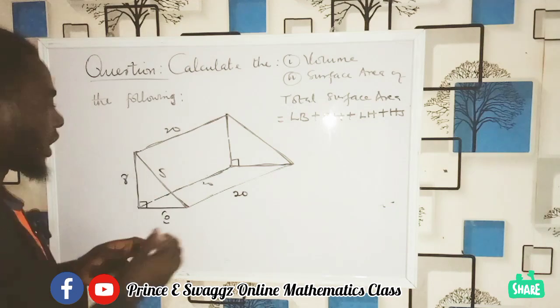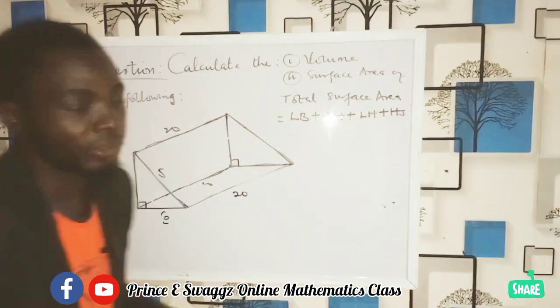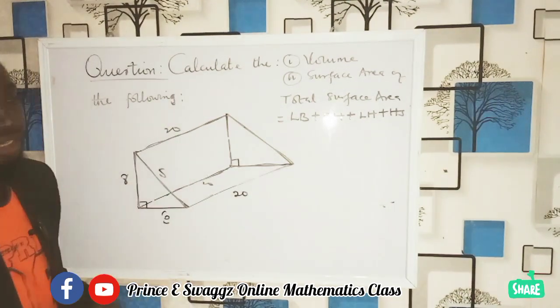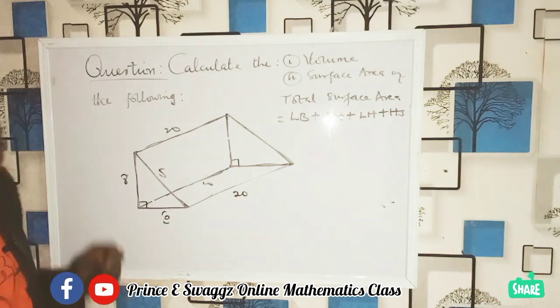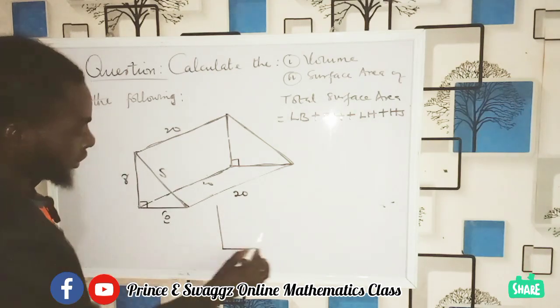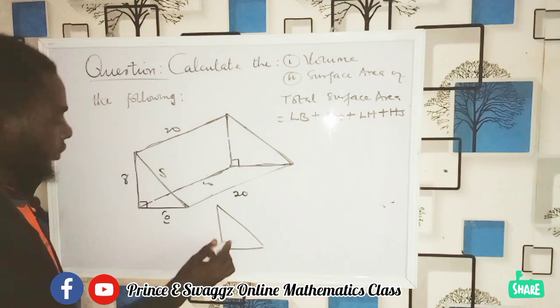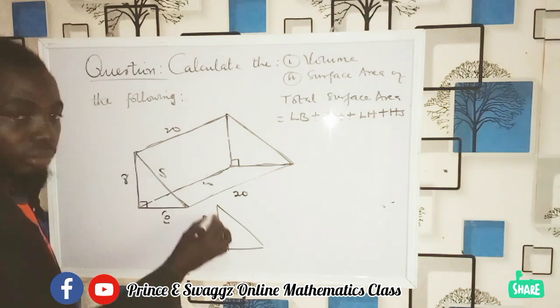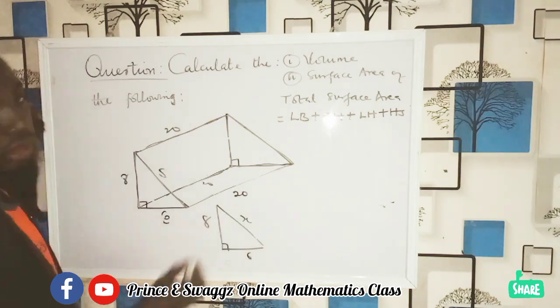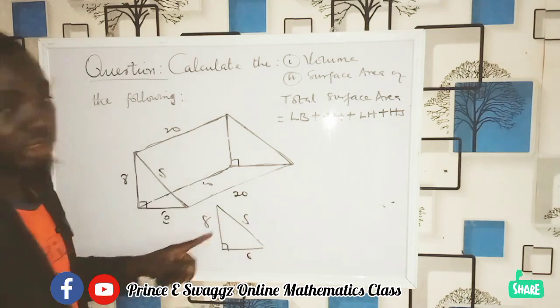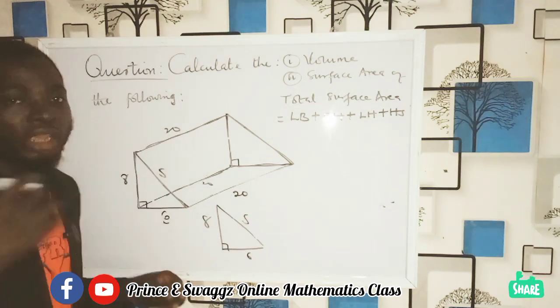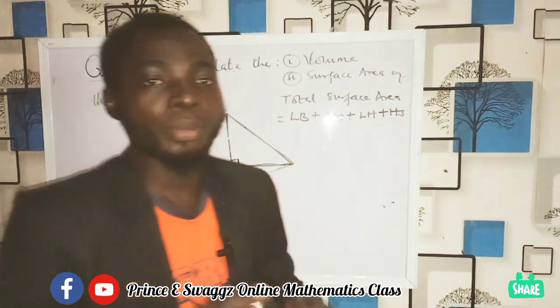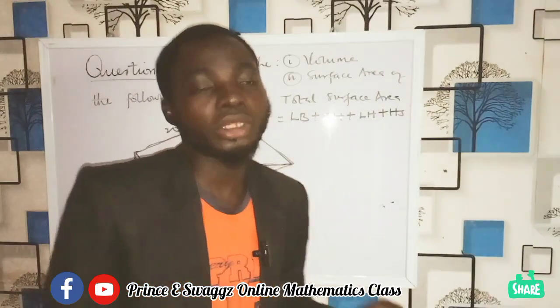And now, for me to go ahead with this formula, I don't know X, I need to get X. And for me to do that, I'll have to use my Pythagoras theorem down here. So we have 8, we have 6, and this is X. So how do I get this? Using Pythagoras theorem, which is hypotenuse squared equals opposite squared plus adjacent squared.